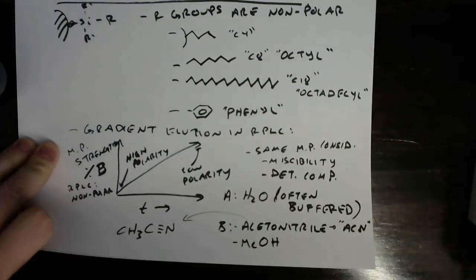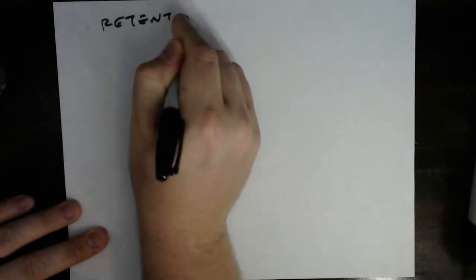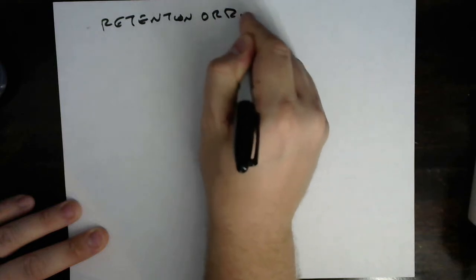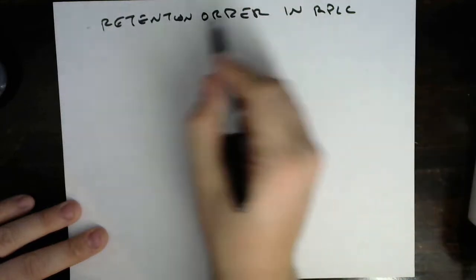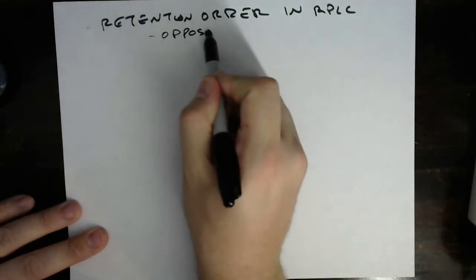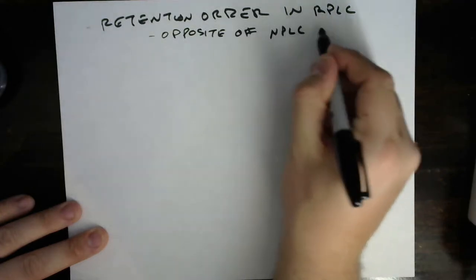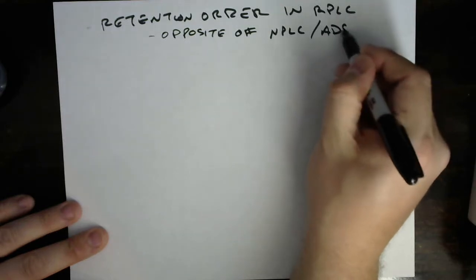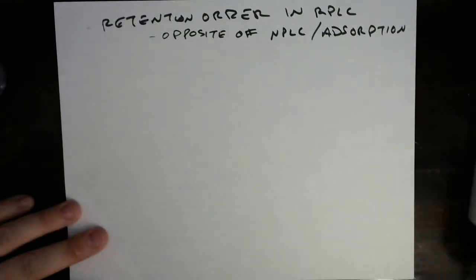Okay, so stationary phase composition, mobile phase strength. Let's talk about retention order. And retention order in reverse phase LC is where the term reversed comes from. Retention order in reversed phase liquid chromatography is the opposite of normal phase. It's also the opposite of adsorption chromatography, because normal phase is the same as adsorption.